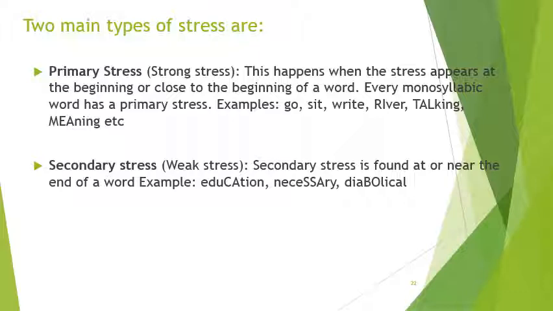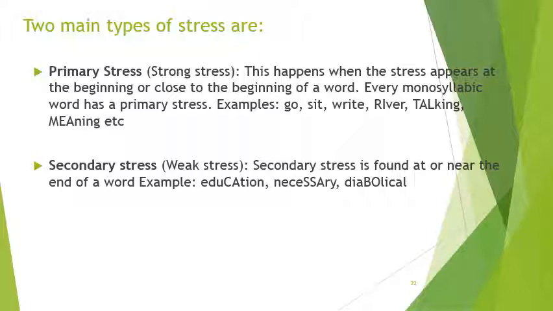What we are trying to say is that you can only have a primary stress when the stress marker is placed at the beginning or near the beginning of that word. And most of the monosyllabic words have what? Primary stress. Examples: go, sit, write, river, talking, meaning.